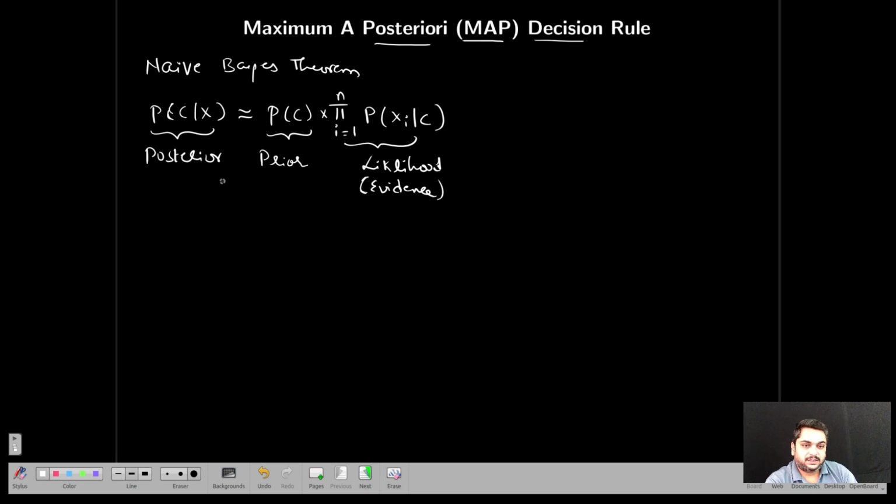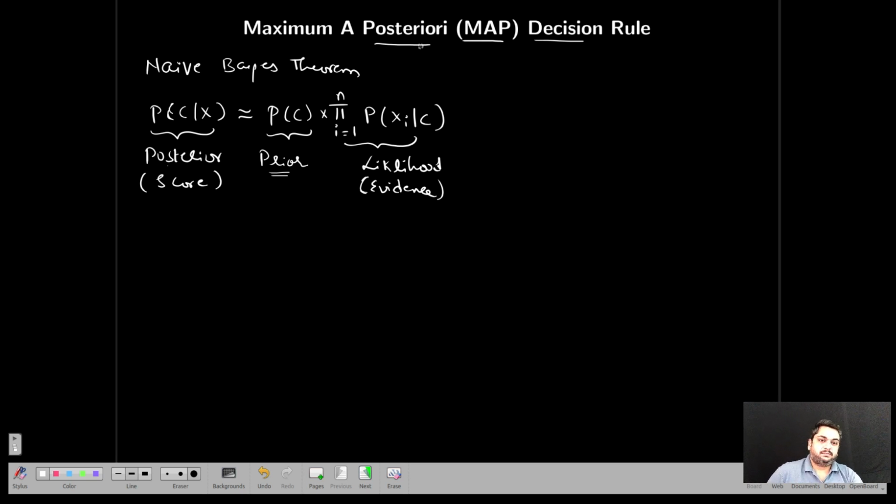The result I got is based on the likelihood, that is the evidence. I cannot consider only the prior probability and then classify, as that may be wrong. So we attach the weight of the likelihood evidence; you can consider it as a weightage. This posterior probability is also called the score of that particular class.